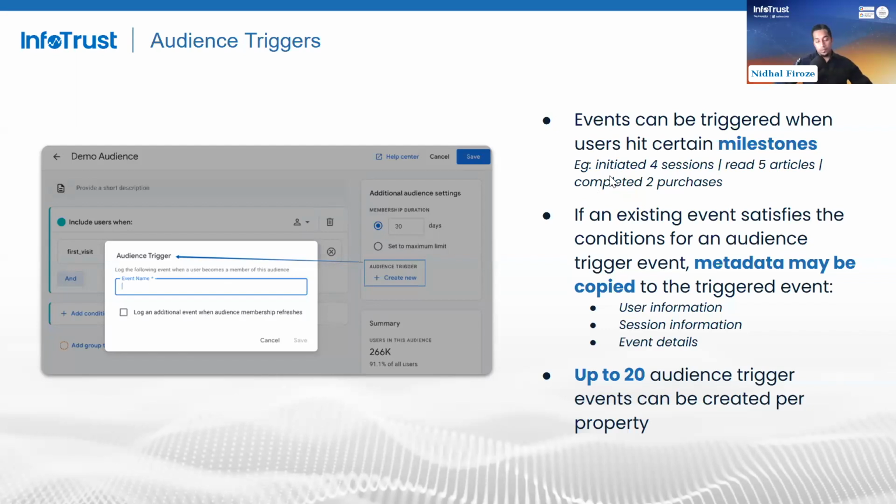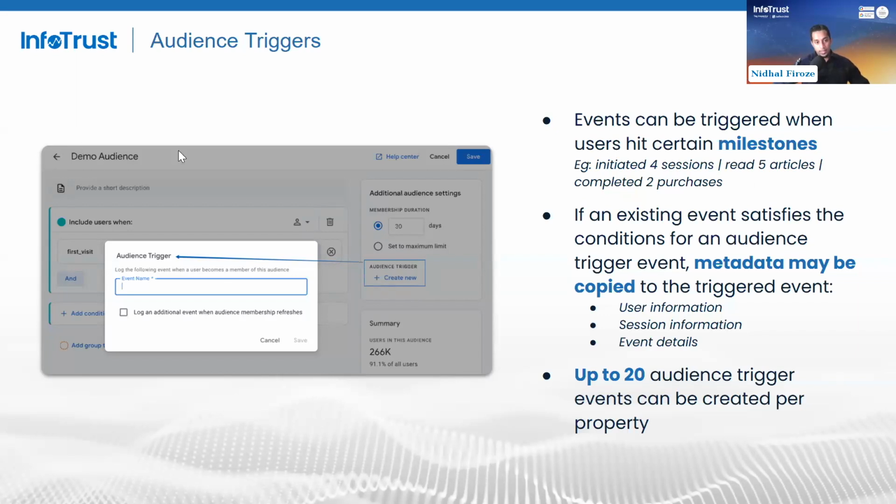So what could be some of those interactions, or let's say milestones? If someone initiated a certain number of sessions, or if someone read 5 articles or completed a couple of purchases, then you've already set up an audience for those types of interactions, and you can also create an event, which is what audience trigger does.